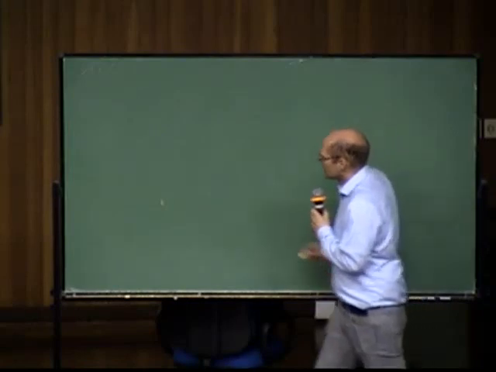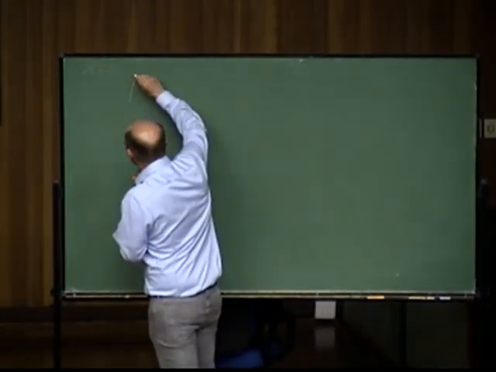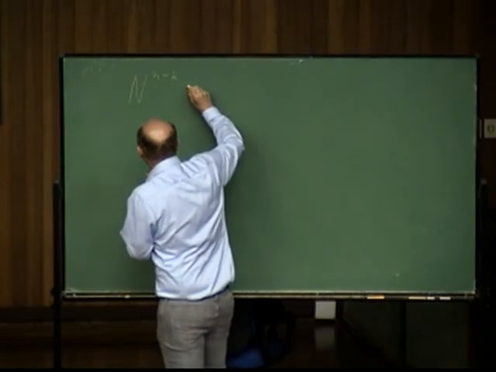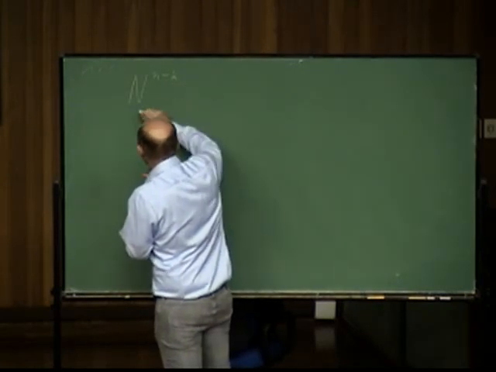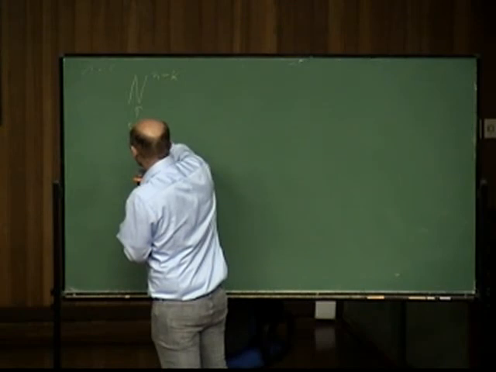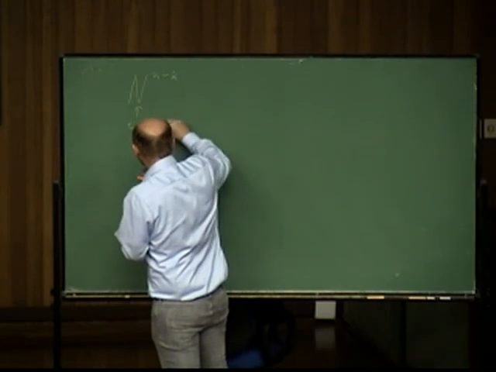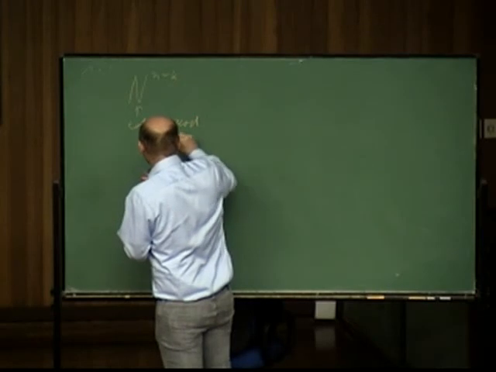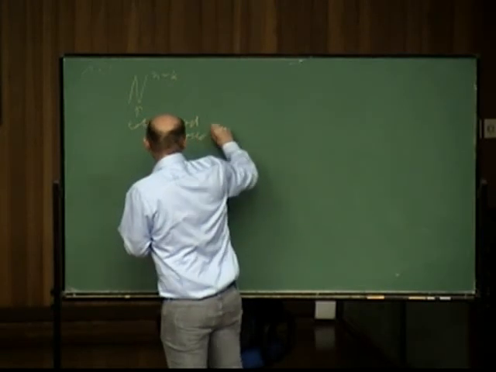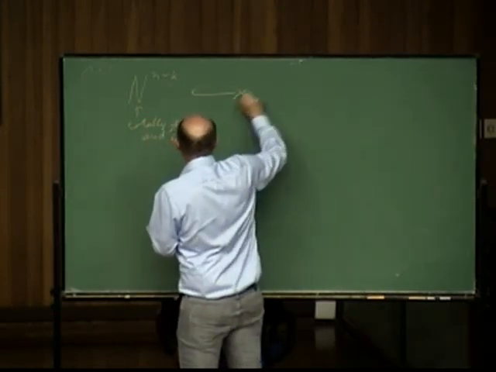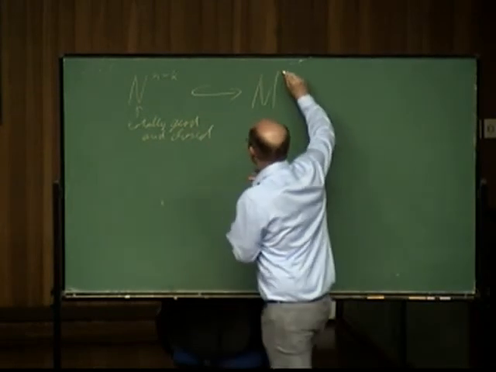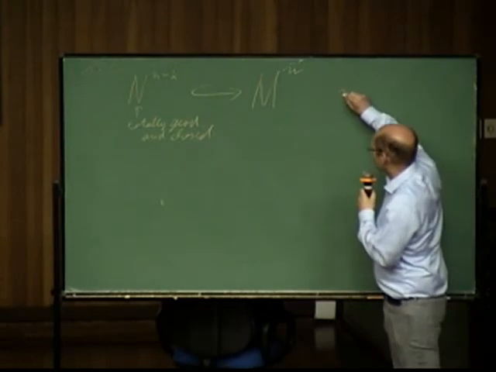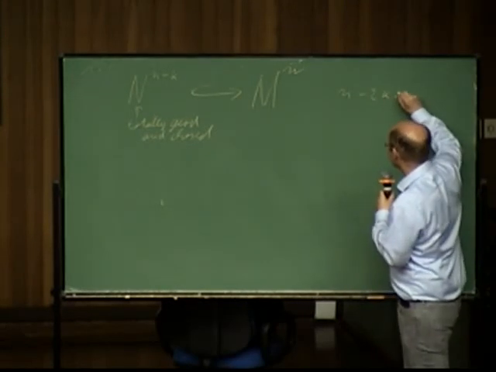But the main thing is, I only mentioned one version of the connectedness lemma for a fixed point component. This is totally geodesic and closed. Then the inclusion map of this into a manifold is n minus 2k plus 1 connected.